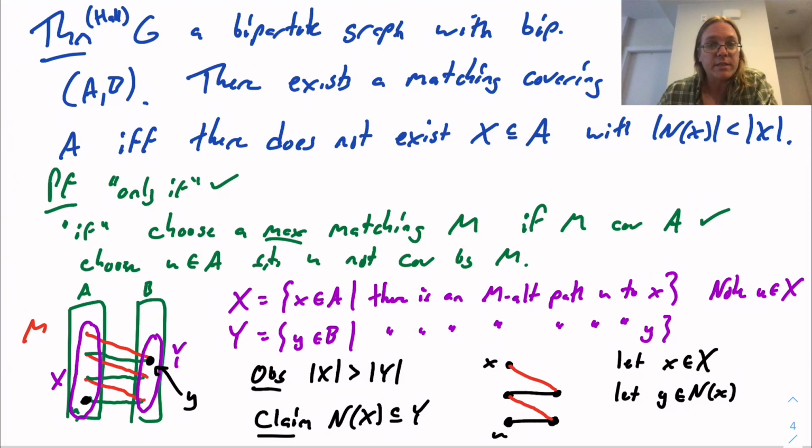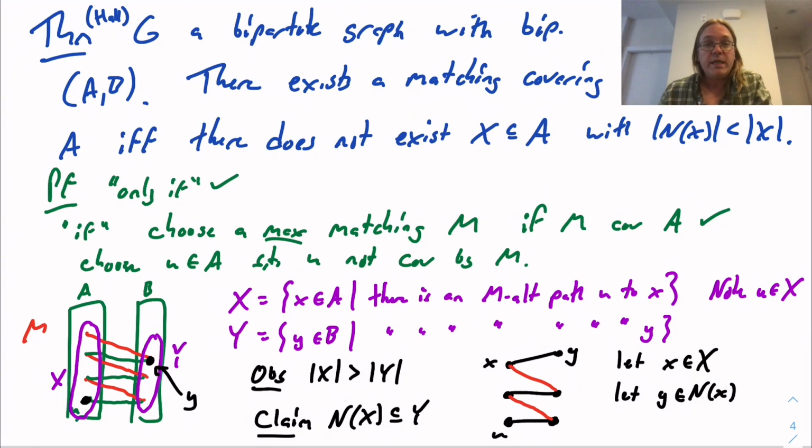Then that vertex little y is going to have to be in the set capital Y, because we've got an M alternating path starting at U and ending at y. What if it's not? If it's not in that set, well, then you can just extend. You can take the alternating path that I just showed you that starts at U and ends at x and extend by that edge from x to y. That's going to be a longer M alternating path that goes from the vertex U to the vertex y.